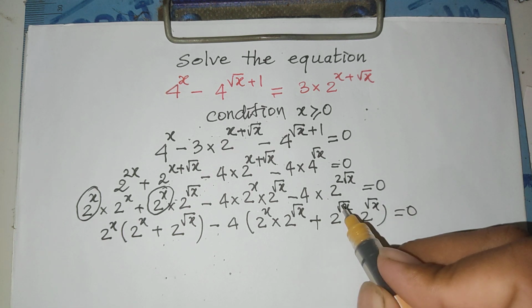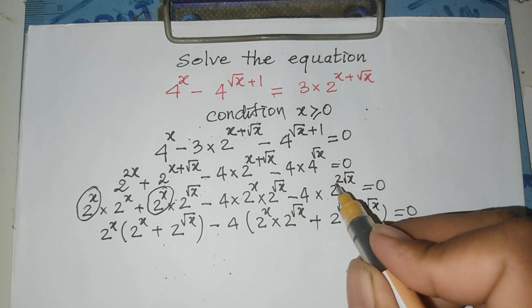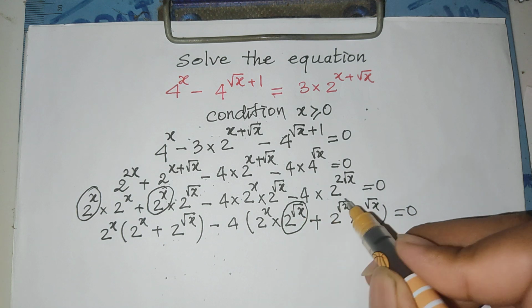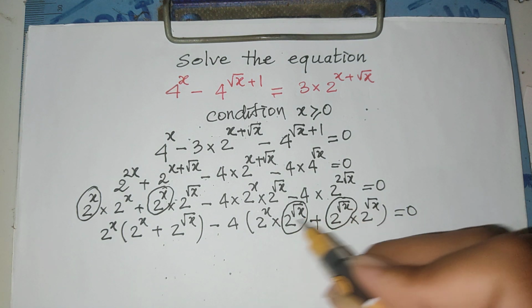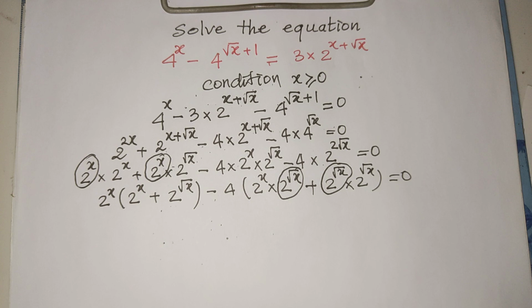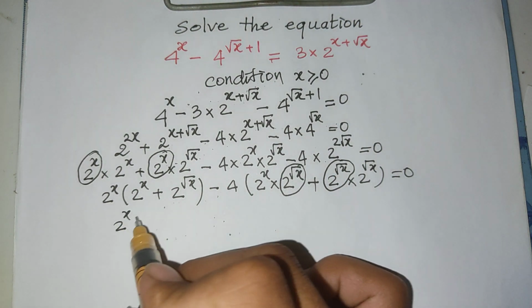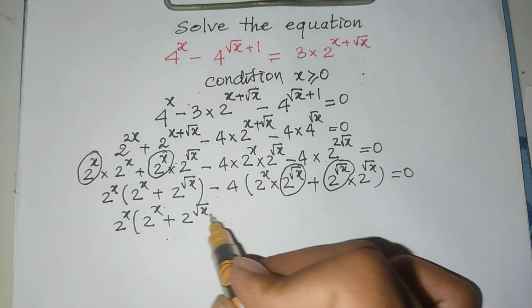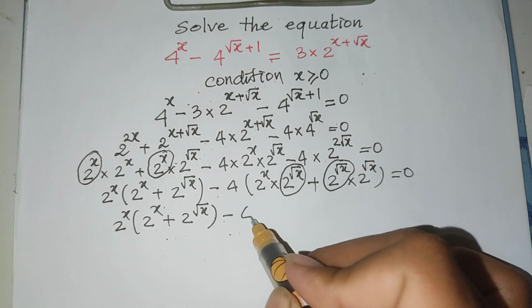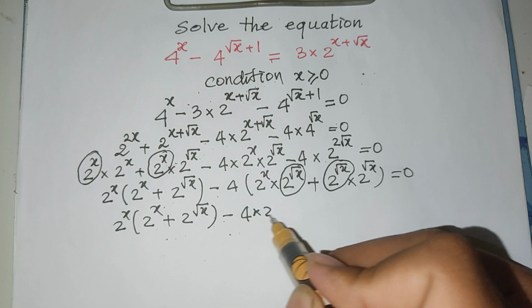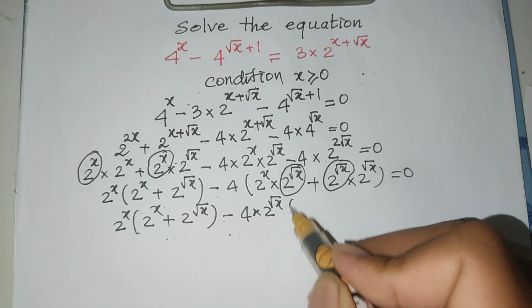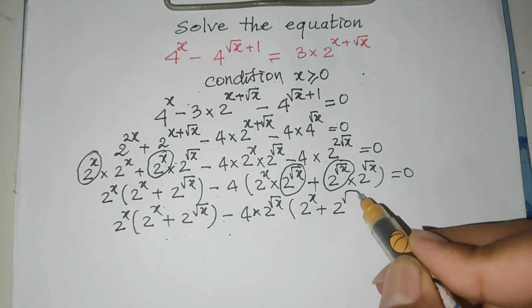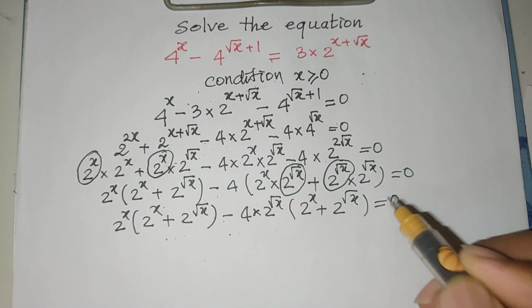If we take this, we get square root x plus square root x, which is 2 square root x. And we see this is the same, so we can take it out as a common factor. So now we get 2^x multiplied by 2^x plus 2^√x, and minus 4 multiplied by 2^√x multiplied by 2^x plus 2^√x equals 0.